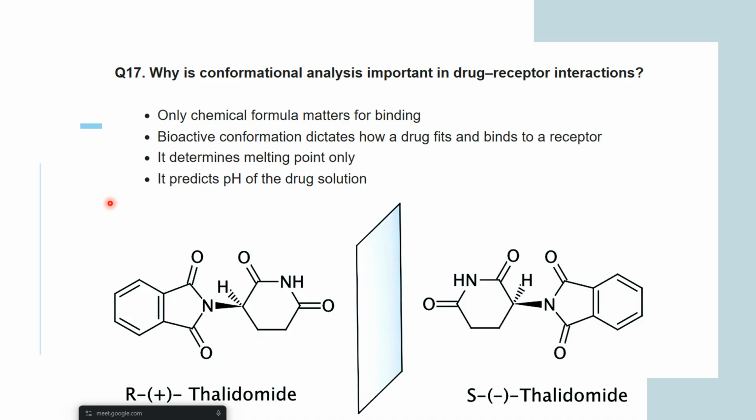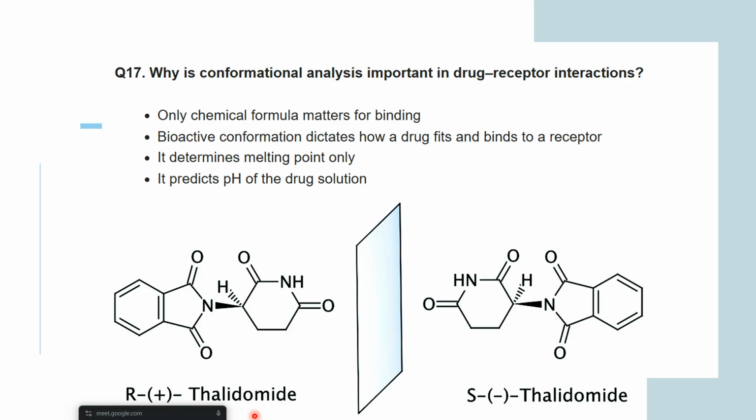So thalidomide is a drug which was used to treat various discomforts caused during pregnancy. So in that case, the R-thalidomide was the enantiomer which was used for treatment.